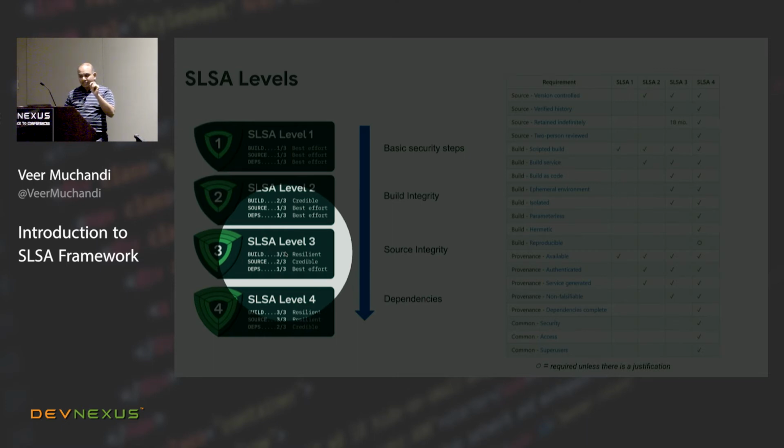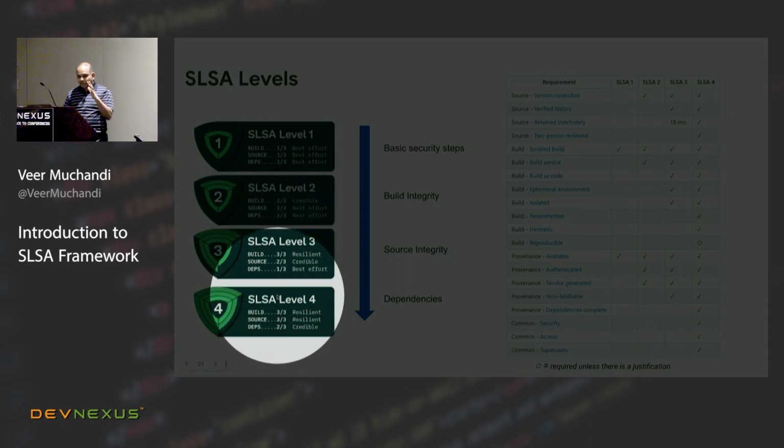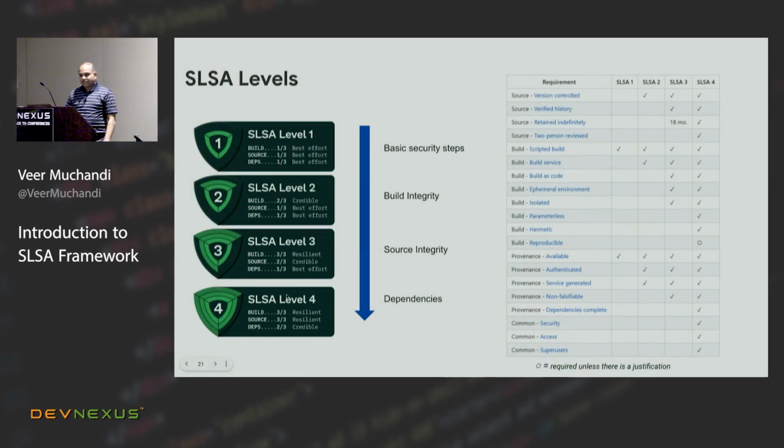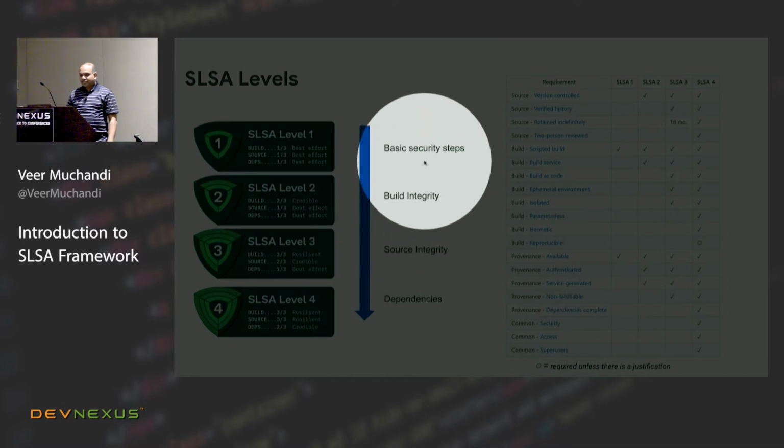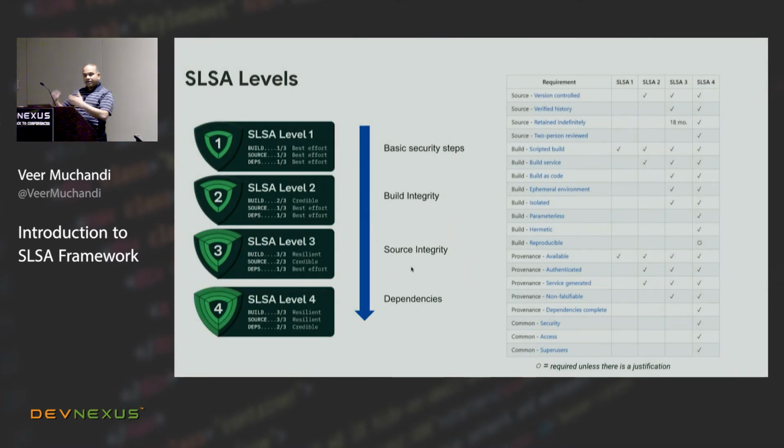For the sources, you have added a notch up. It is credible. Your dependencies are still best effort. At level 4, build and source are resilient. Dependencies are still credible. Make sense? So you are starting with basic security steps, you are adding build integrity, source integrity, and dependencies. Those are 4 different levels of SLSA.